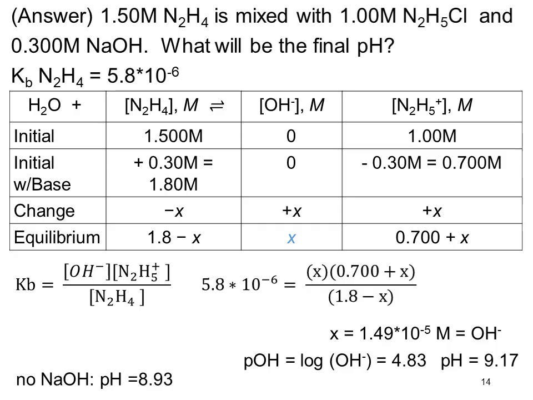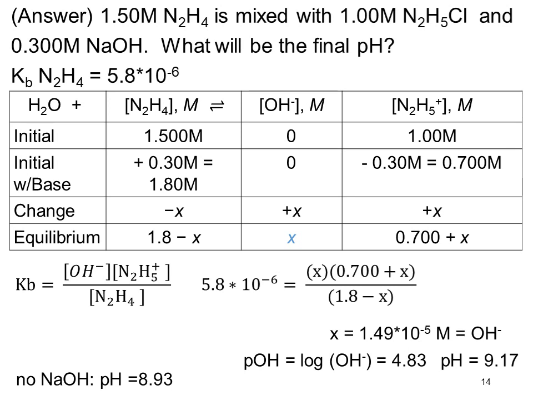Again, if we go back and just erase the line where we added in base, right, and keep our initial concentrations at 1.5 molar and 1 molar, we would have had a pH of 8.93. With the NaOH added, my pH is 9.17. So again, the pH has gone up a little bit, which makes sense.